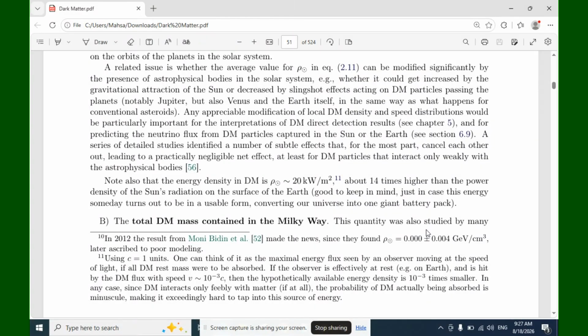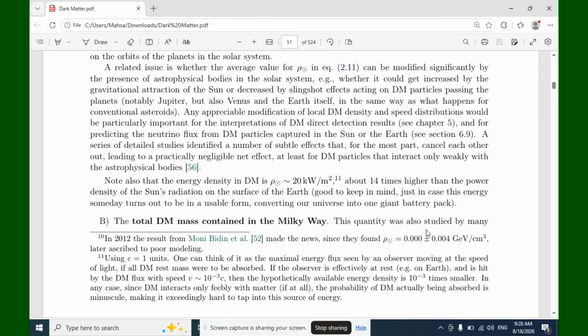Note also that the energy density in dark matter, rho c^2, is equal to 20 kilowatts per square meter, about 14 times higher than the power density of the Sun's radiation at the surface of the Earth. Good to keep in mind just in case this energy someday turns out to be in a usable form, converting our universe into one giant battery pack.